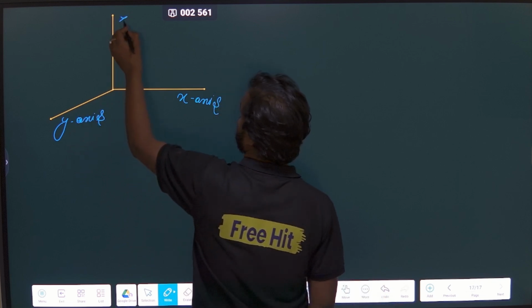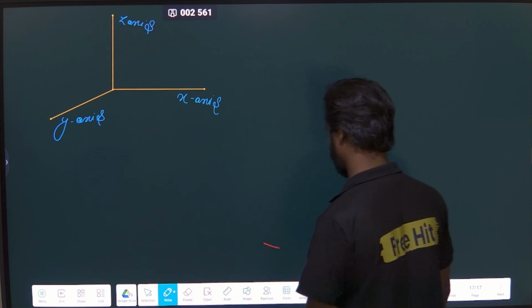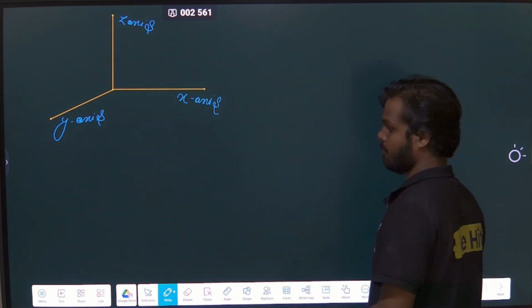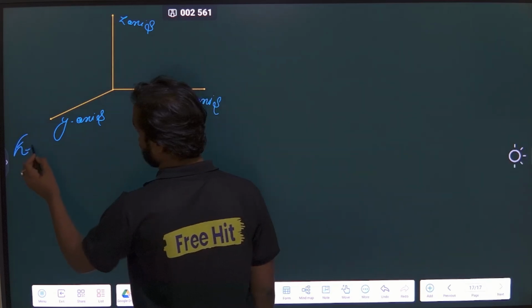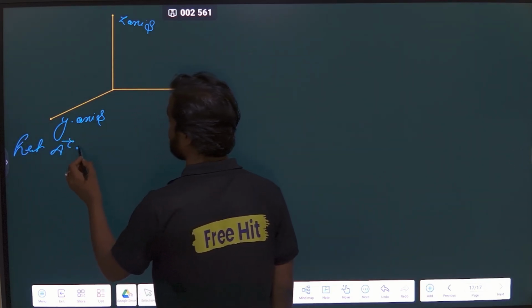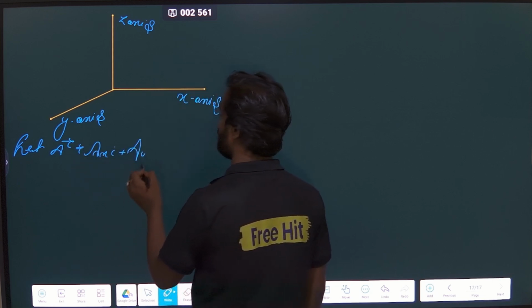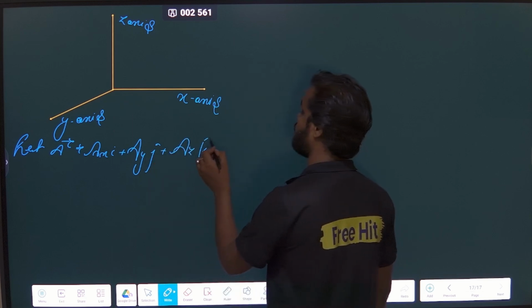Suppose these things are given, and suppose we have some vector a which is given as ax i cap, ay j cap, and az k cap.